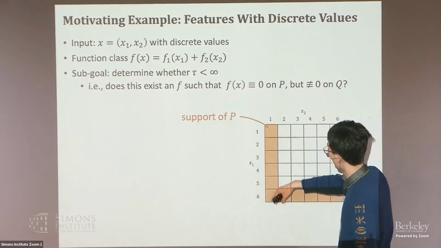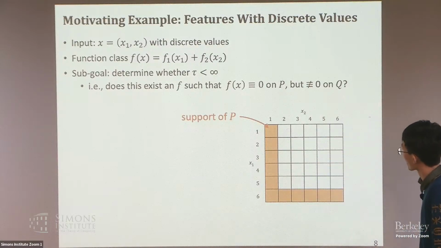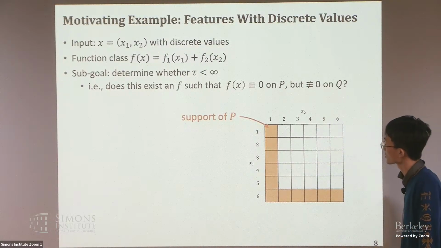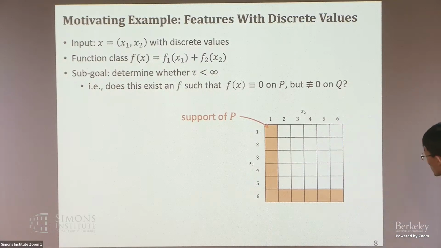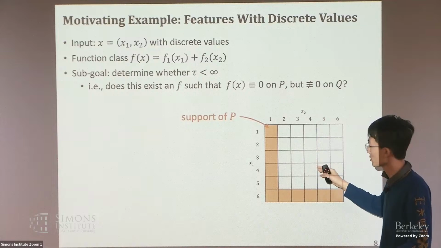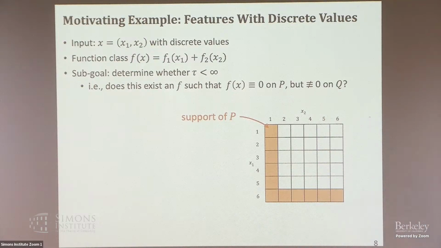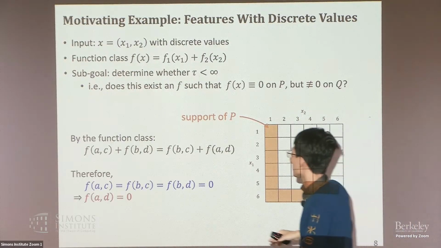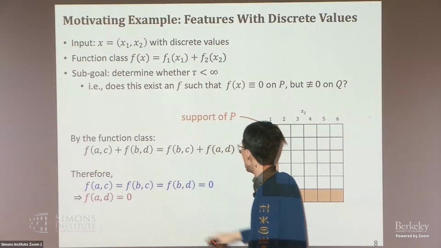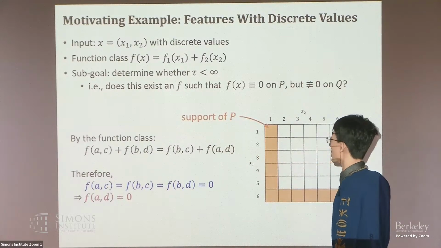Let's say here I have 6 possible options for x1 and 6 possible options for x2, and this is the distribution for p. The question is whether we can extrapolate to a distribution q, which probably has a different support. In this case, the main observation is that FAC plus FBD equals FBC plus FAD because of the decompositionality.